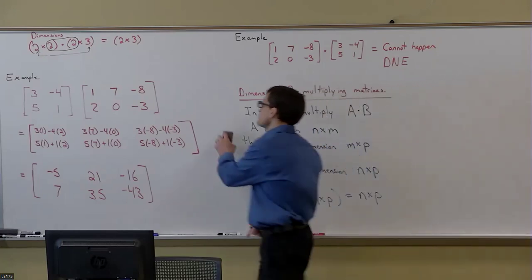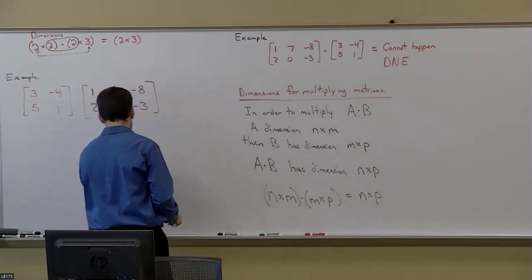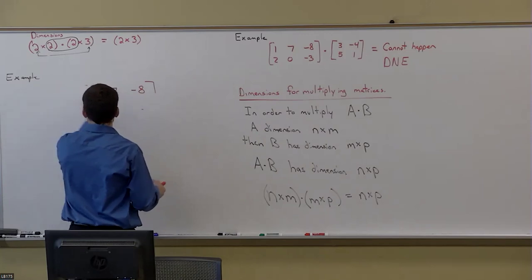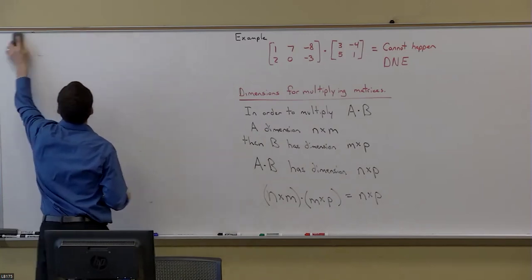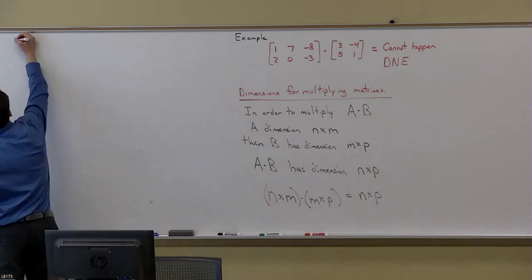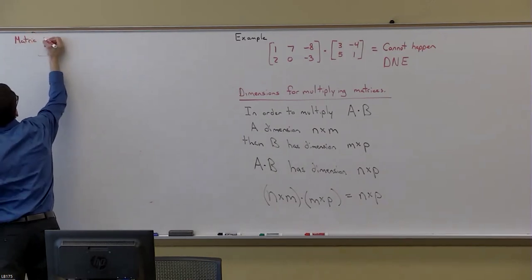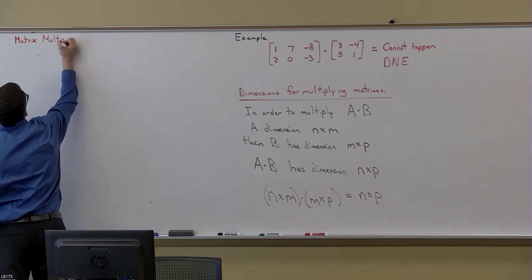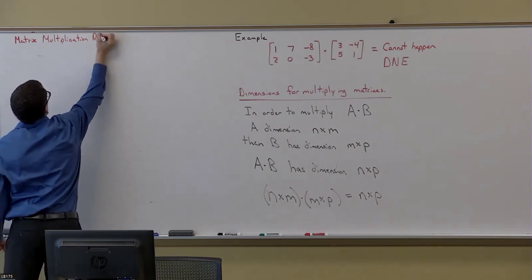So while matrix multiplication is not commutative, we do have associativity, we do have the distributive property, we do have some other stuff. So matrix multiplication rules.